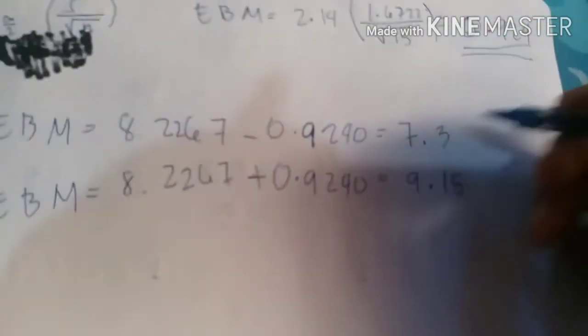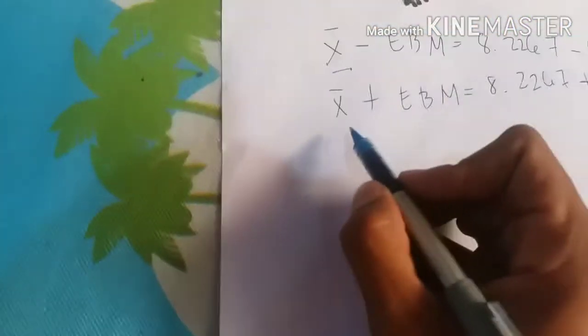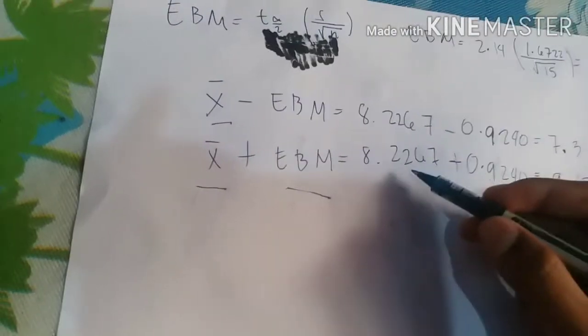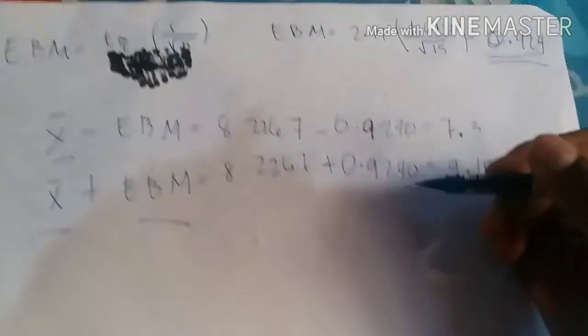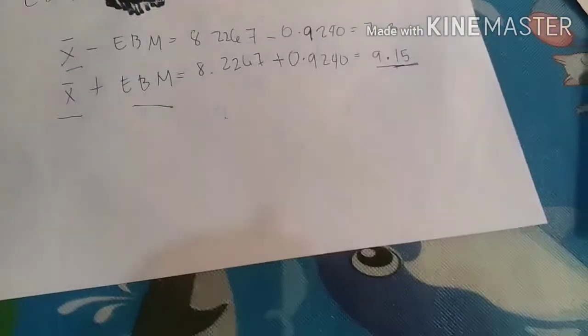So yan na siya, 7.3 yung answer niya. So ito naman, sample mean plus the EBM. So 8.2667 plus 0.9240. So ito ang answer niya, 9.15.